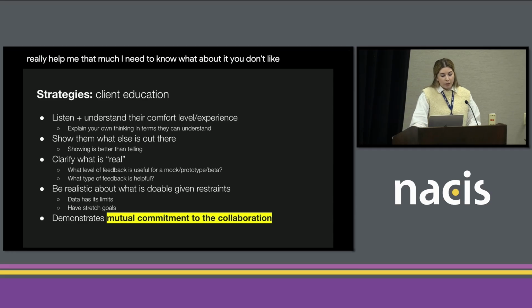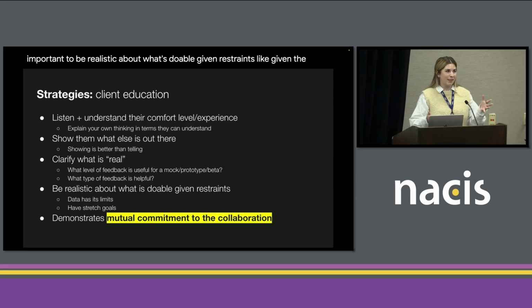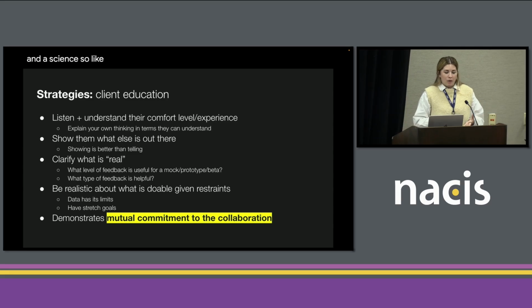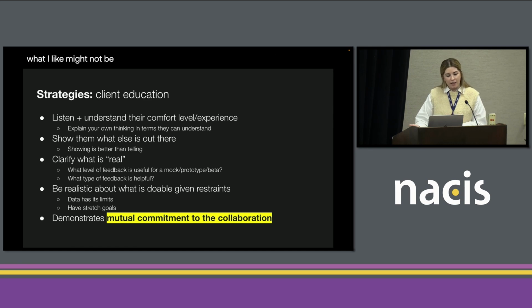And then also it's really important to be realistic about what's doable given restraints, like given the lack of really clear, hard requirements for projects. And you know, cartography is an art and a science, so we're limited by what data is available in it already, and what I like might not be what they like.